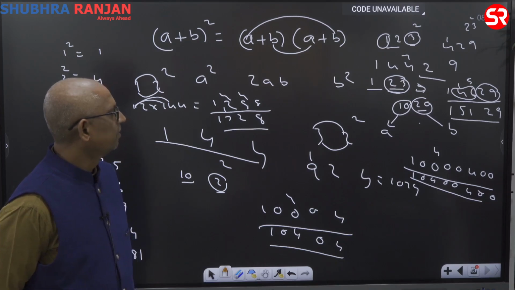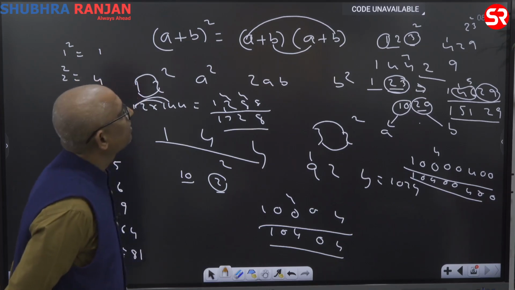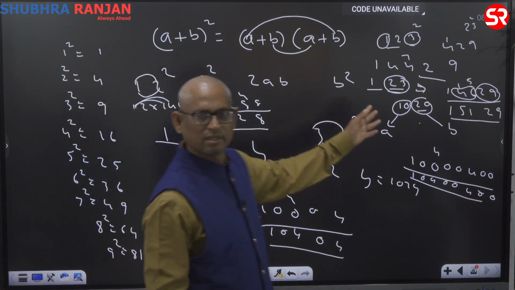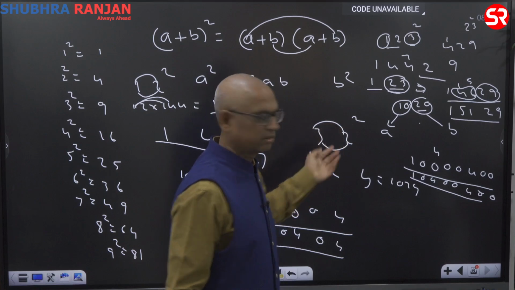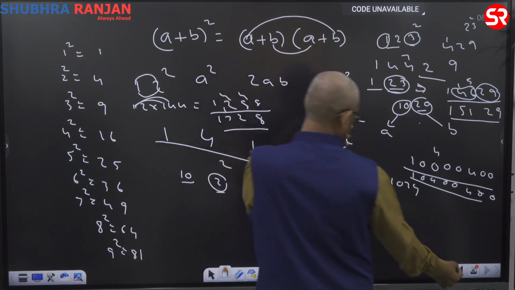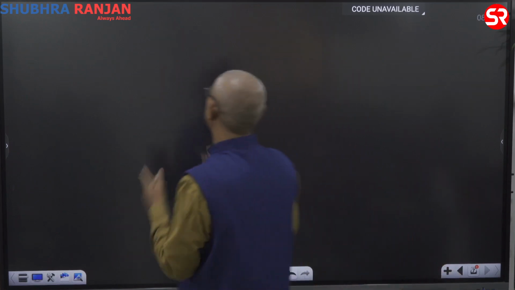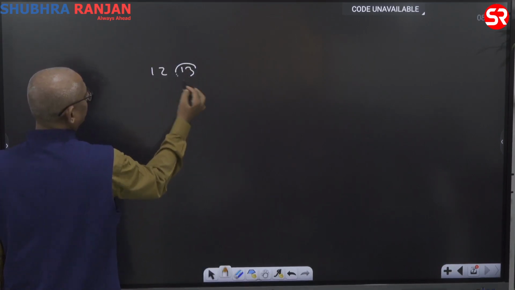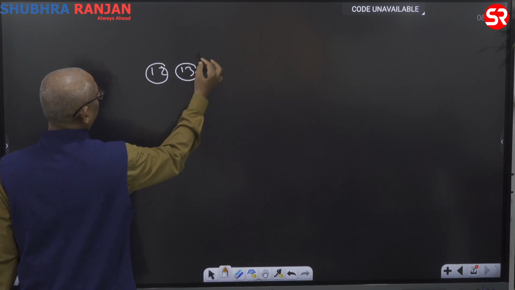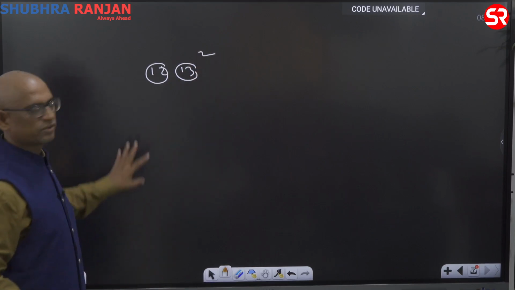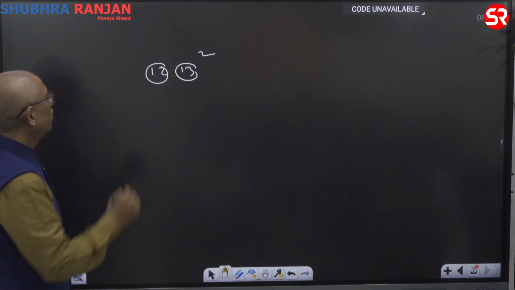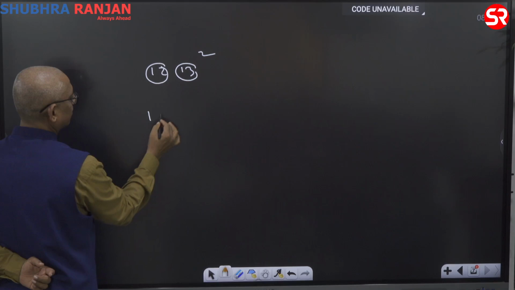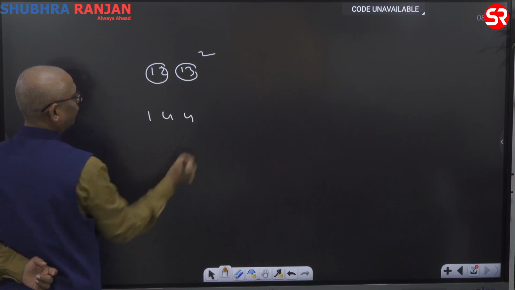Okay, we'll see the 4-digit number. Now we will see the same. One more: 12 and 13 square. Everyone, just cross check this as well. What is 12 square? 144.